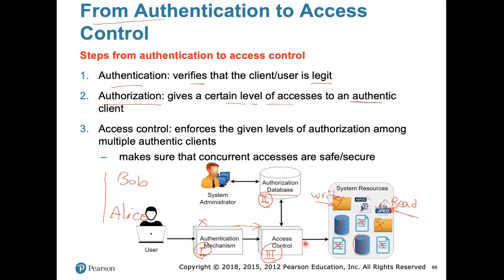That's why we need a separate module called access control, which guarantees that the authorization decisions are implemented correctly and fully. And another thing we need to consider is concurrent access to the resources.